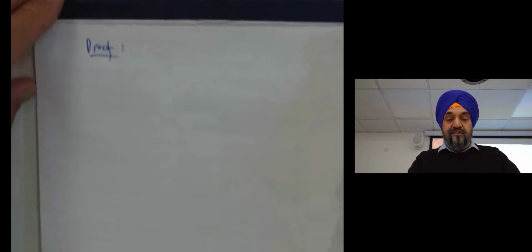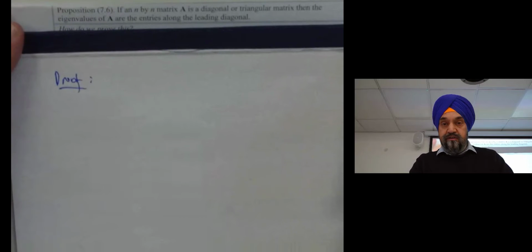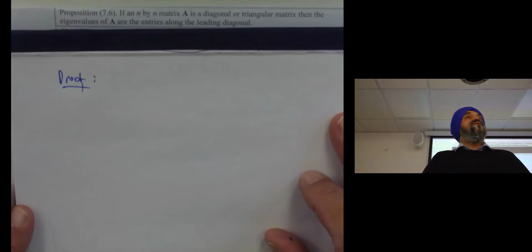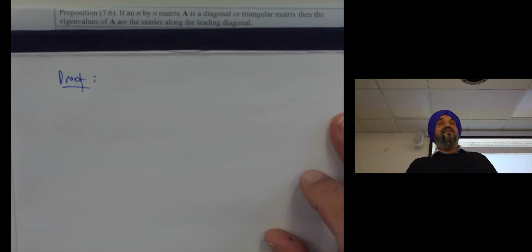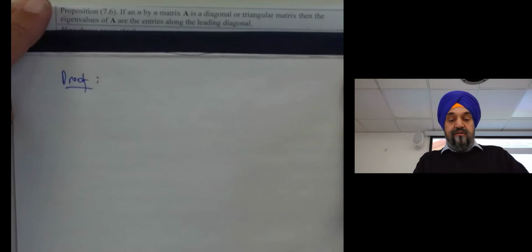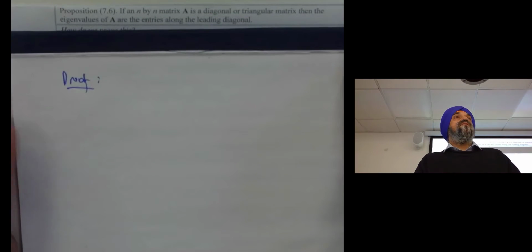It's proposition 7.6. How do we prove that? That the eigenvalues are on the leading diagonal.